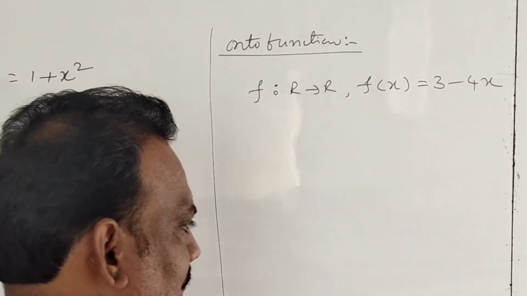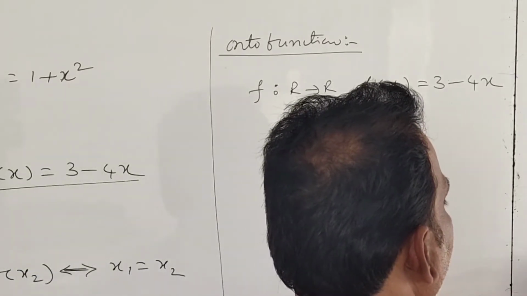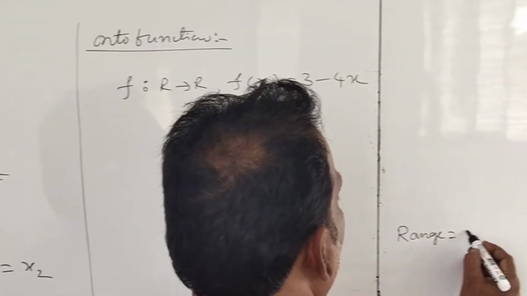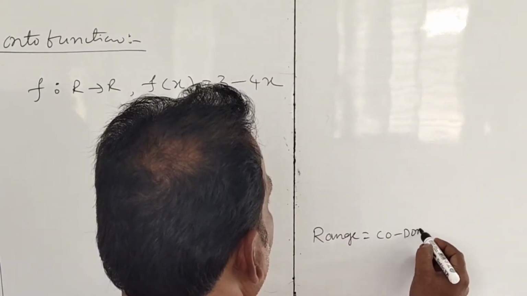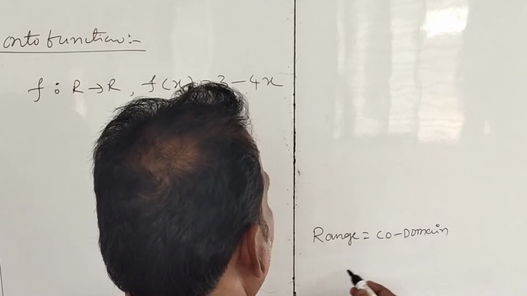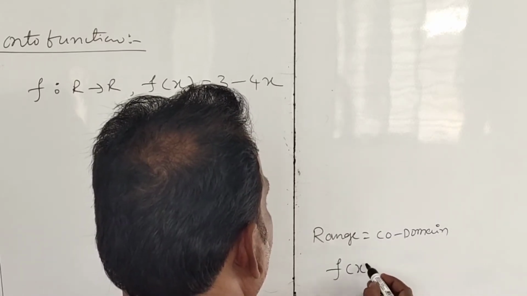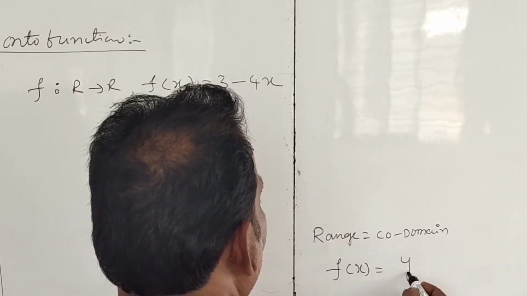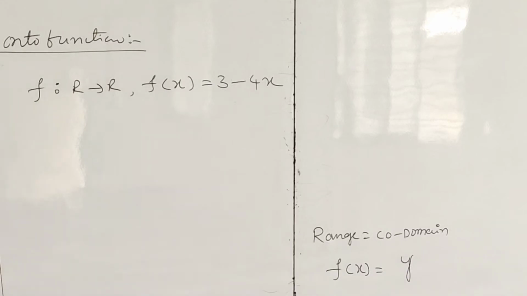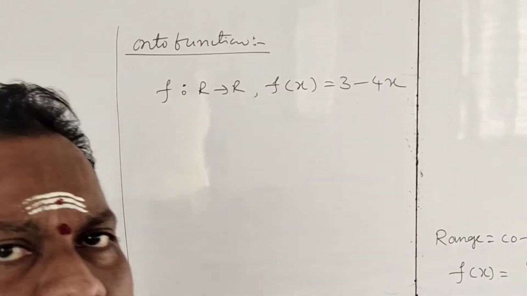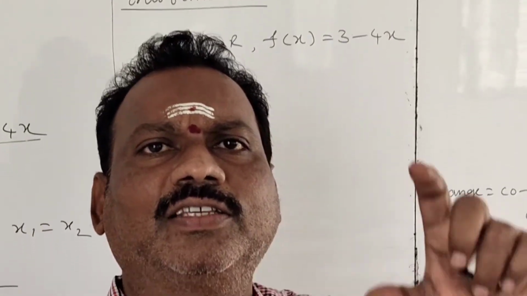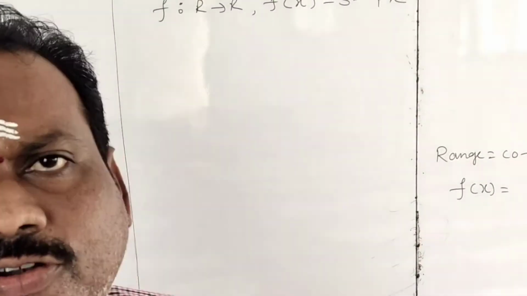Very simple. You write it as range is equal to codomain. Correct, students? What is meant by range? I told you f of x is the range. What is codomain? Y-axis. Correct or not? So, the mathematical definition for an onto function is that f of x is equal to y. We have to prove that.